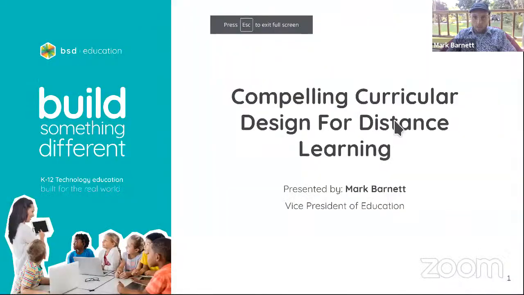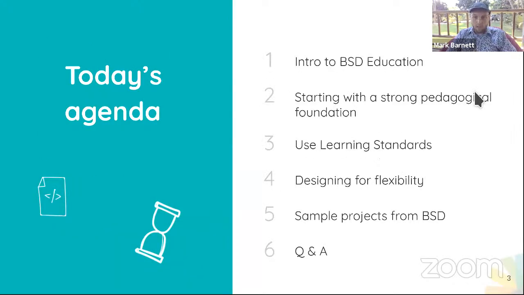All right, hey everyone. So this is the webinar curricular design for distance learning. And the topics we'll cover today is I'll give a brief introduction to BSD and talk to you a little bit more about what we do, but I'll keep it short. Secondly, we'll talk about, well, there's really kind of 3 steps to designing curriculum.